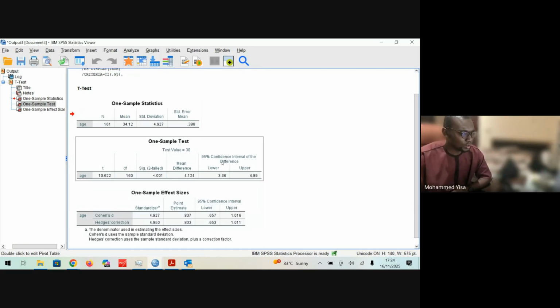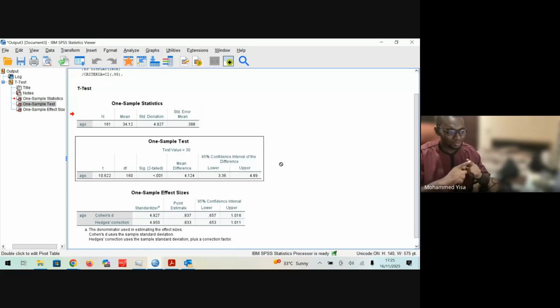Yes. So because of that, when you are interpreting your confidence intervals, you would check to see whether your lower and upper confidence intervals cross zero. That is when you are looking at means, standard deviations, and things like that.